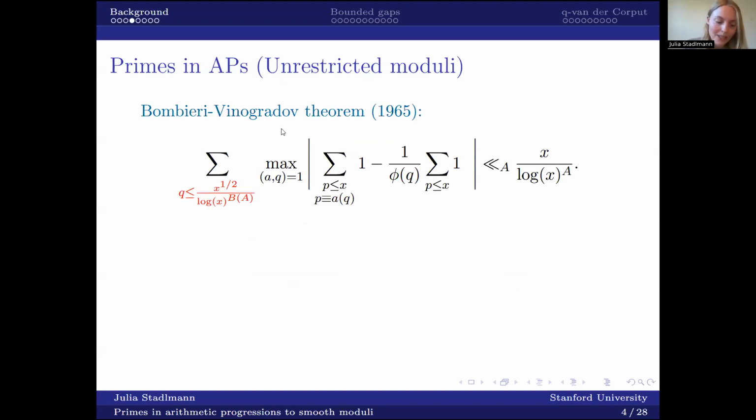What the Bombieri-Vinogradov theorem says is, if we don't just look at one modulus, but at all the moduli up to x to 1/2 over log x to some power, and look at all the residue classes a mod q which are coprime, then the sum of the error terms is bounded by x over log x to the A. And because we are looking at a bit less than x to 1/2 moduli, and the upper bound is x over log x to the A, that tells us that, at least on average, we have the error term predicted by the generalized Riemann hypothesis.